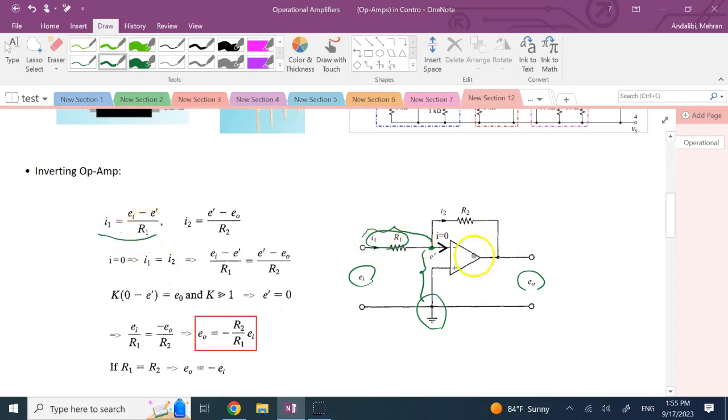And then you write it between E prime and EO here, right? So the EO minus E prime is going to be the current here, I2 times R2. So you can write I2 as the difference between those two voltages divided by R2.